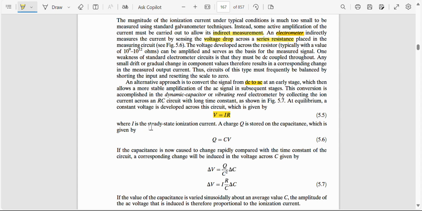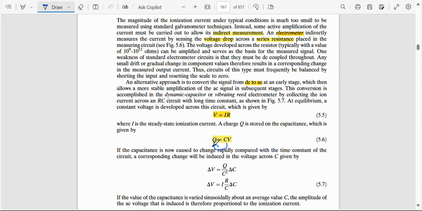You also know that the charge Q stored inside the capacitor can be written as Q equals CV. What you have to do here is first move this C to this side.